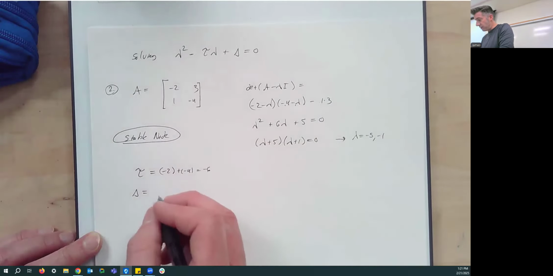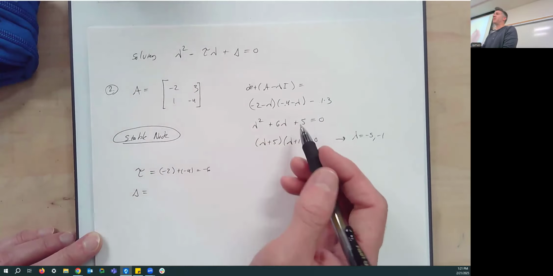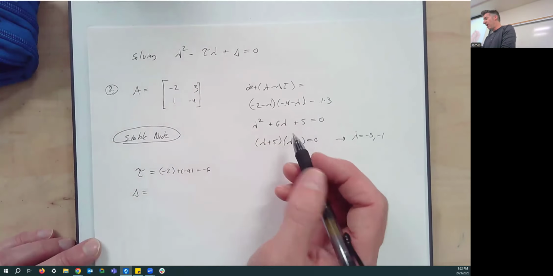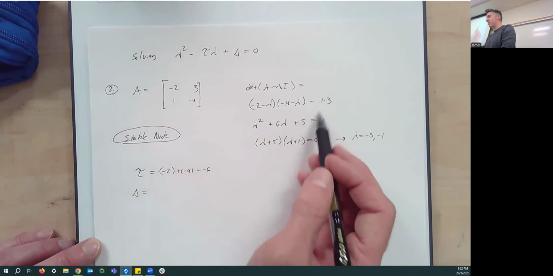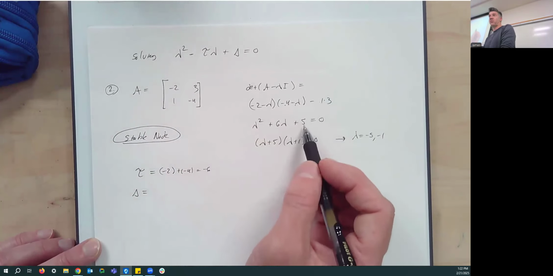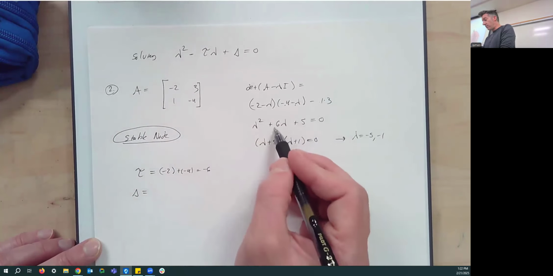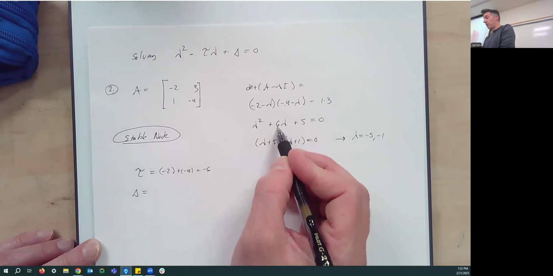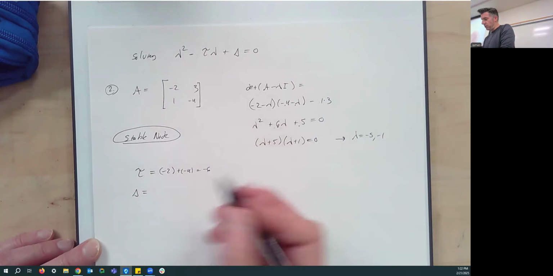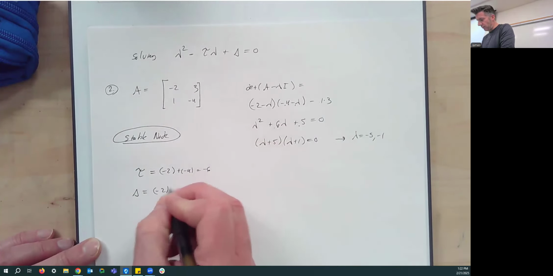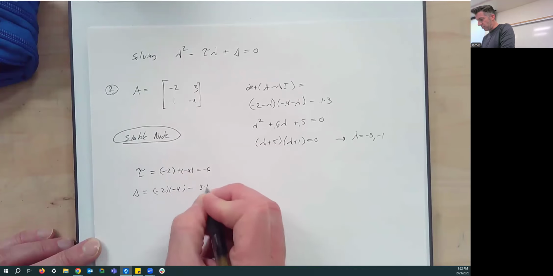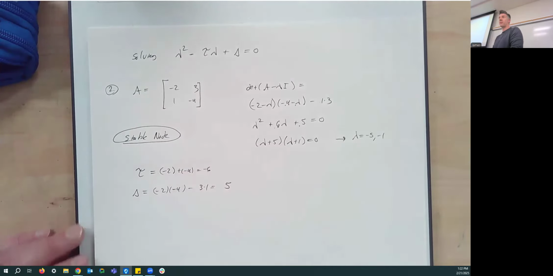Yeah. My determinant is not, sorry, I made a mistake. My determinant is 5. Apologies. I was looking at this over here to see what my determinant was, but I should have been looking right here. So just as a reminder, that number there is the opposite of the trace. That number there is your determinant. And our determinant is 5. It's -2 times -4 minus 3 times 1, which is 8 minus 3, which is 5.